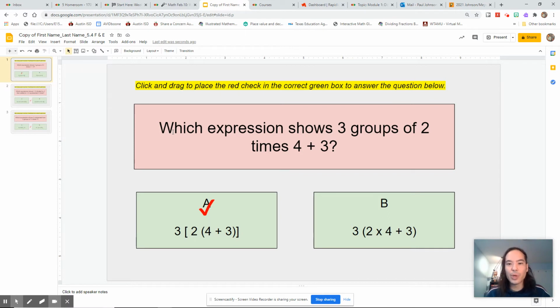So if this was a word problem, you could do the whole word problem, like a multi-step word problem, in one expression. This would be like saying, Billy has, let me read this real quick. Which expression shows 3 groups of 2 times 4 plus 3? So like Billy has 3 bags with 2 cookies each.